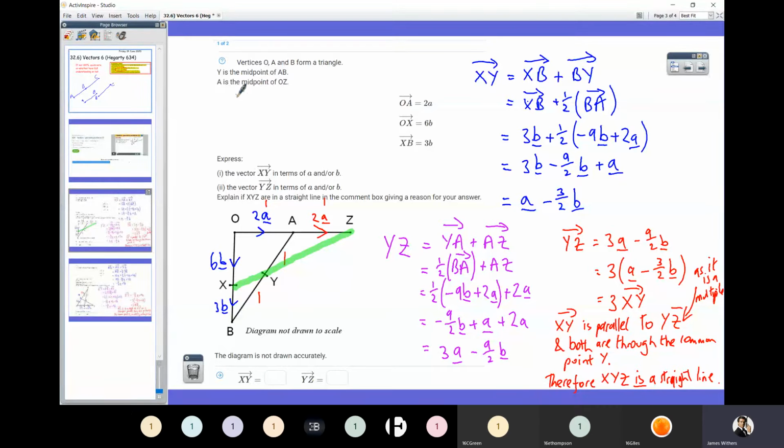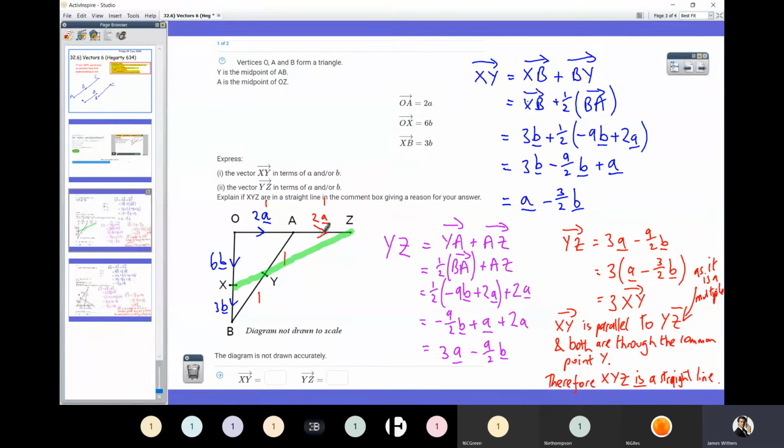And we're told that A is the midpoint of OZ. Given that there's a 2a there, that must also be a 2a. All that information on the diagram, both blue and red, I've gleaned from the question.